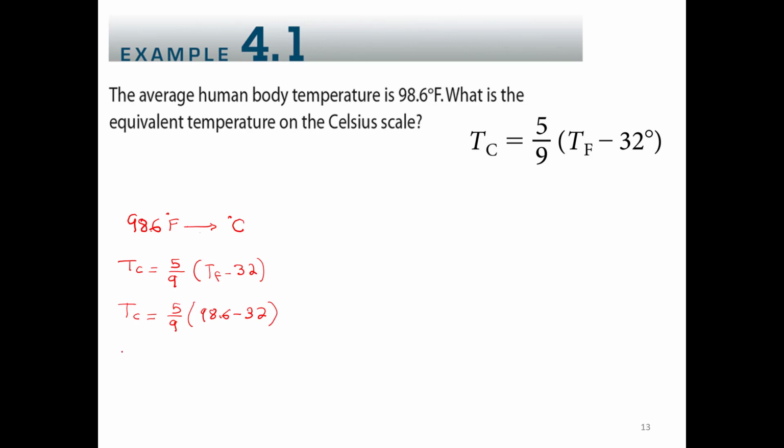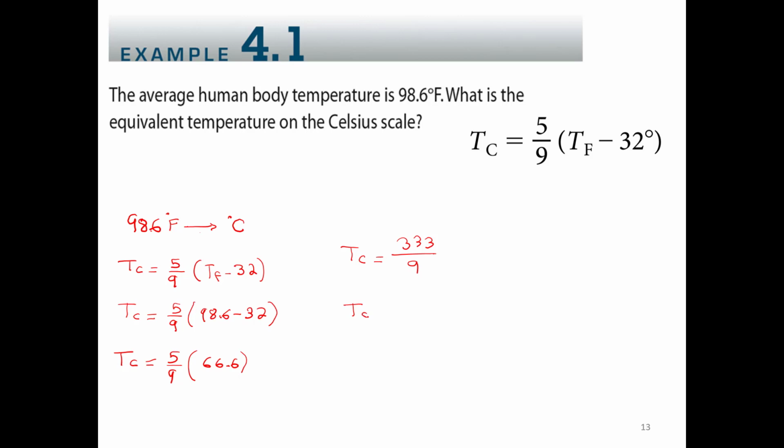First we need to solve the parentheses. 98.6 minus 32 is 66.6. Now first we multiply 5 times 66.6, which will be 333 over 9.